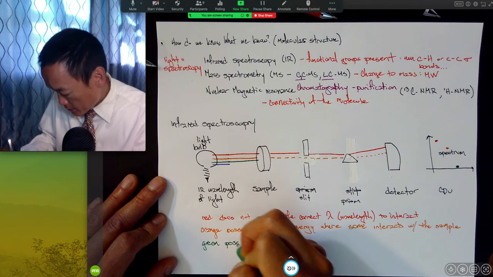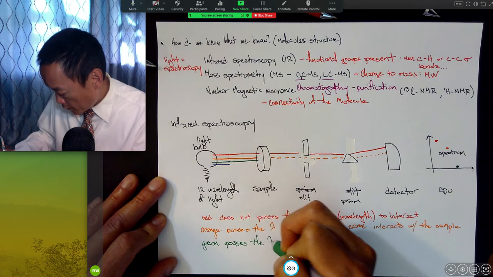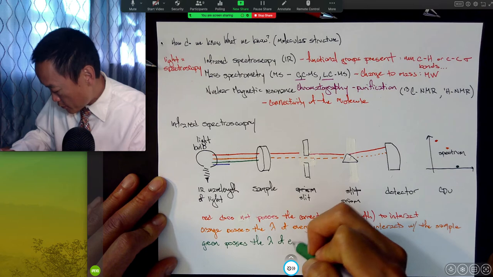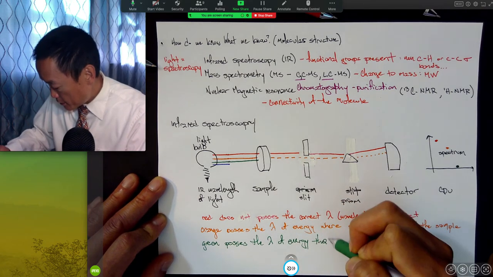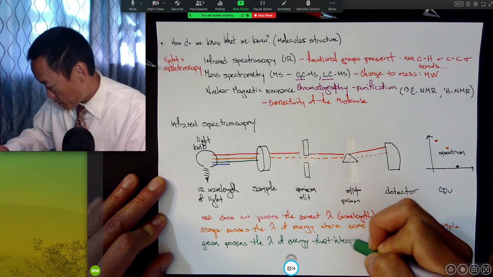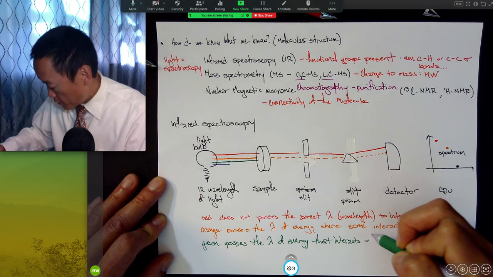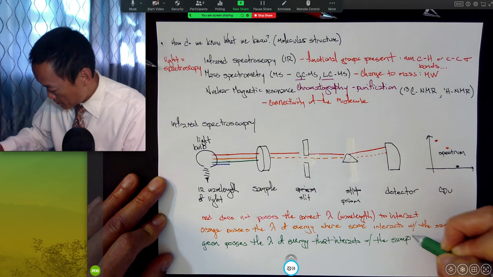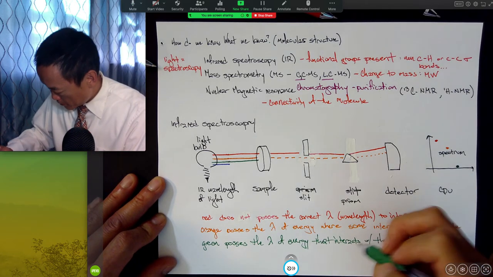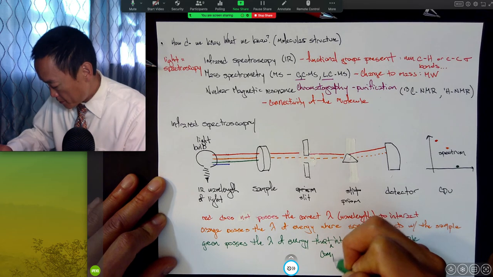It possesses the wavelength of energy that interacts with the sample completely.